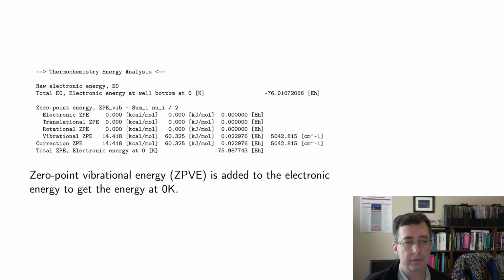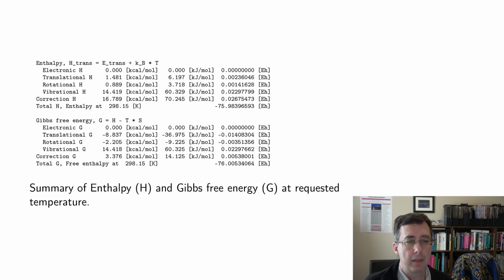Next, I'll show you the summary for the enthalpy or the Gibbs free energy. The enthalpy is going to have your bare electronic energy, that 0-point correction, and then other corrections like corrections for finite temperature. And so here you see there are translational corrections, rotational corrections, and then the vibrational corrections as well.